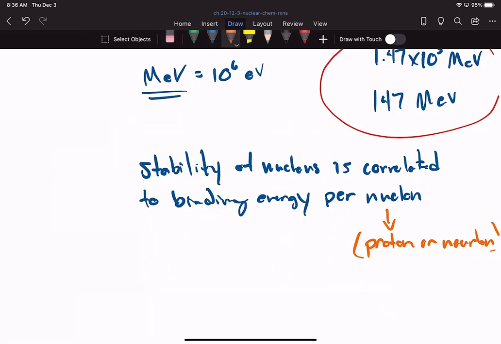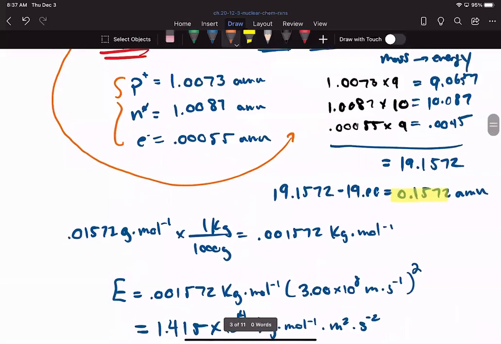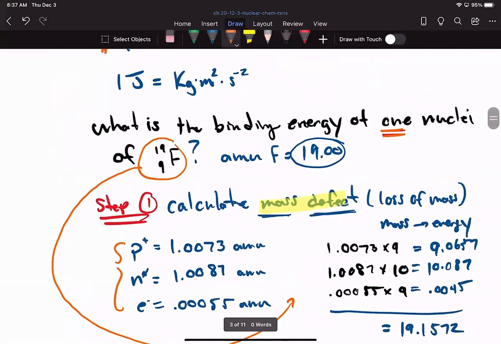So if we want to figure out the stability of this fluorine, we can do that by simply taking a ratio of it. We just calculated 147 mega electron volts. If we divide it by the number of nucleons, and all we need to do is look at the atomic mass for it here, 19.